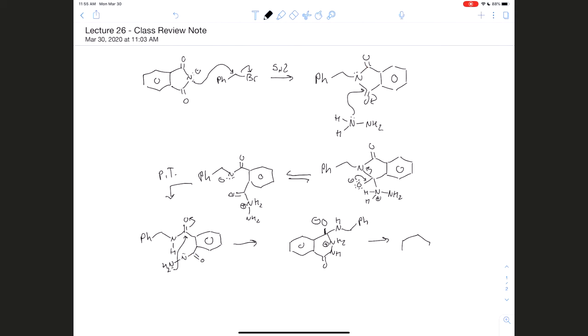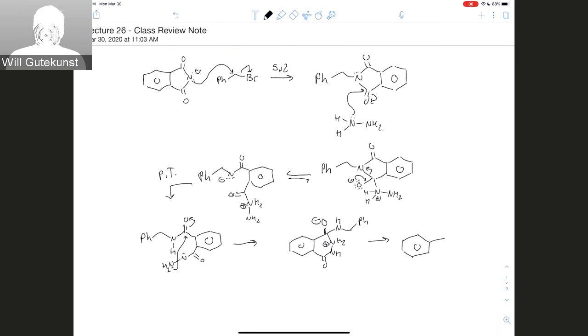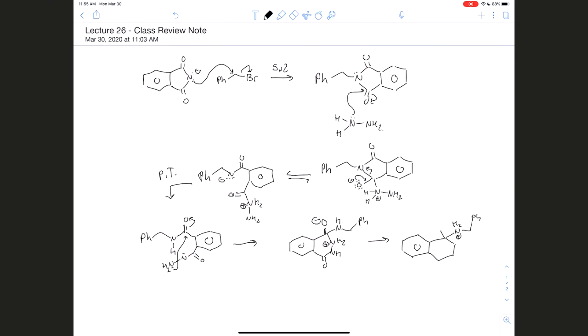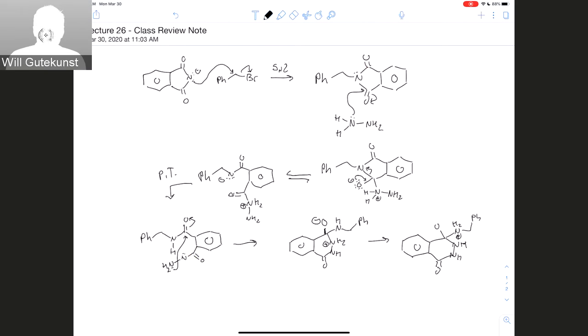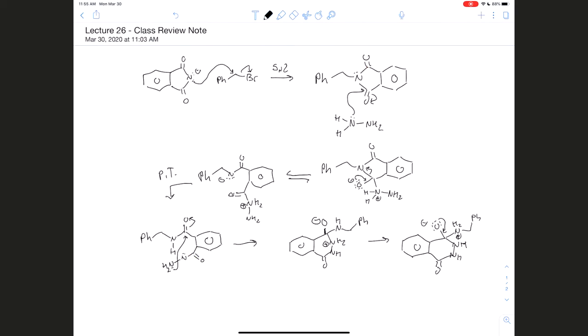Exactly how it breaks down, we don't need to worry about. But formation of this final ring is what is going to end up driving it. Can't stop the ring closure. And so now this kicks out benzylamine.